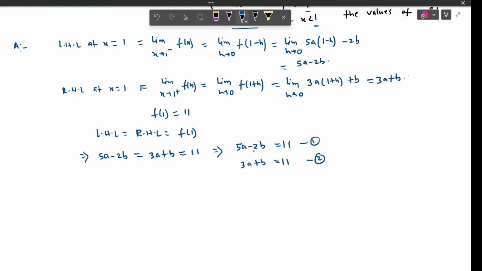From these two equations we can apply simultaneous linear equations and solve, and we will find out a comes up to be 3 and b comes up to be 2. Okay, that's how you have to solve this type of problem.